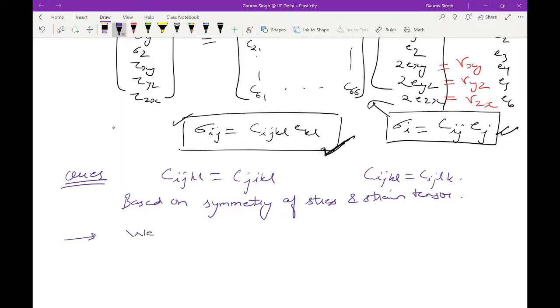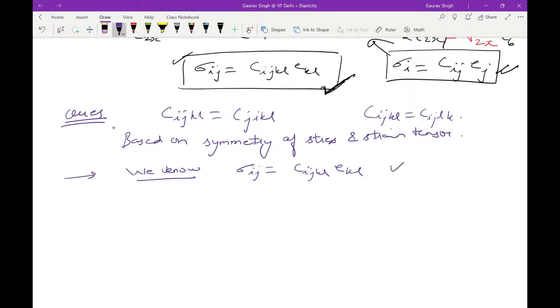We know that sigma ij is equal to Cijkl ekl. Okay. Now this relationship in itself does not require the symmetry of stress and strain. Okay. So at this stage there is no symmetry. Now we can write sigma ji is equal to Cjikl ekl. How can we write that? By interchanging i and j.